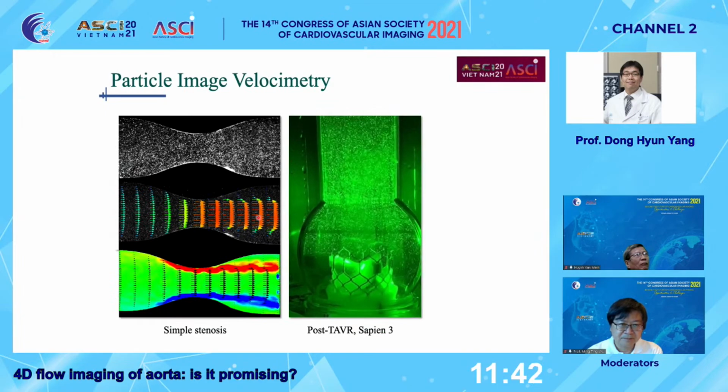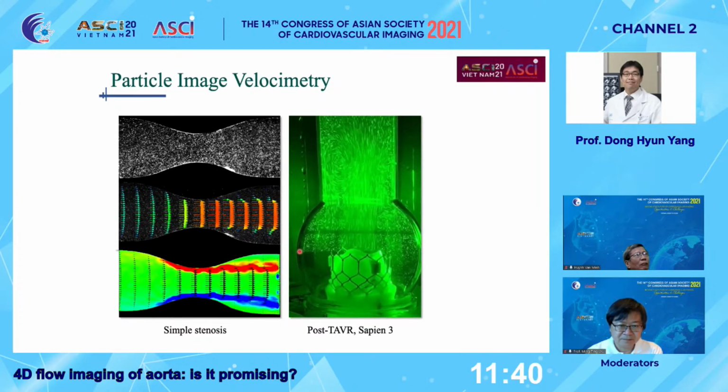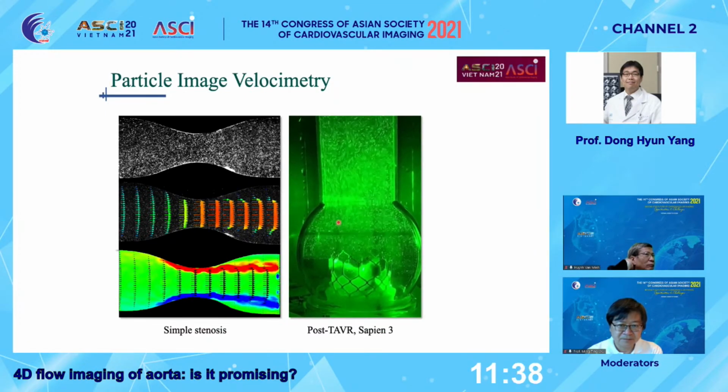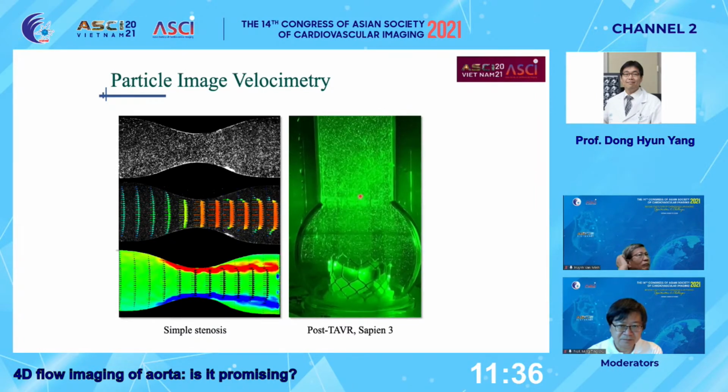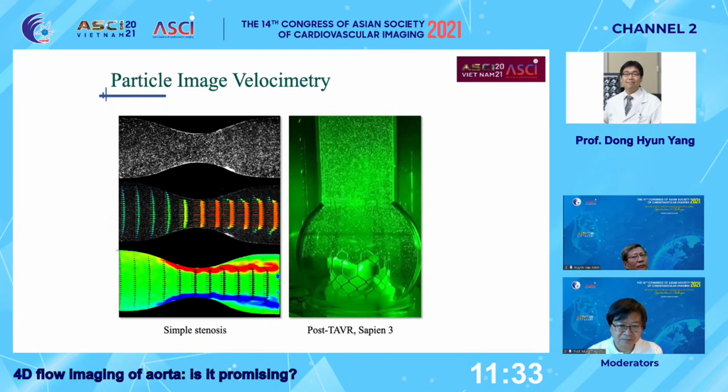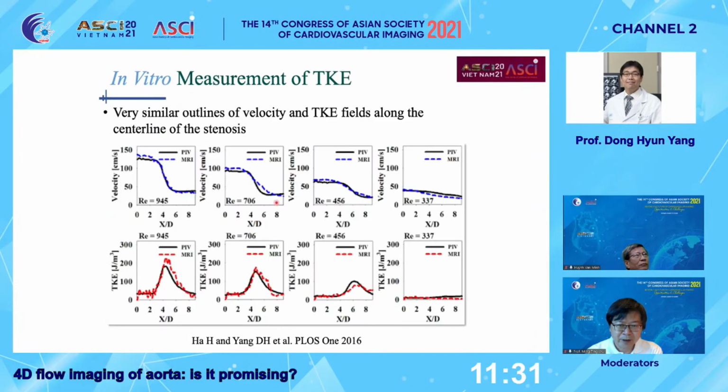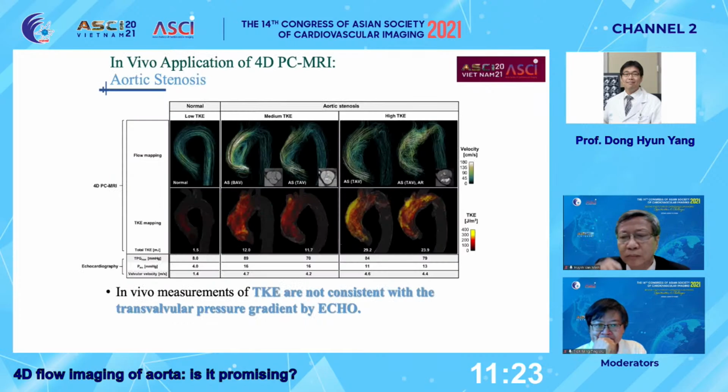Using PIV, we can evaluate a very detailed flow phenomenon, as you can see in this post-TAVR in vitro flow phantom. MRI measurements of TKE showed a very nice agreement with the reference standard PIV.